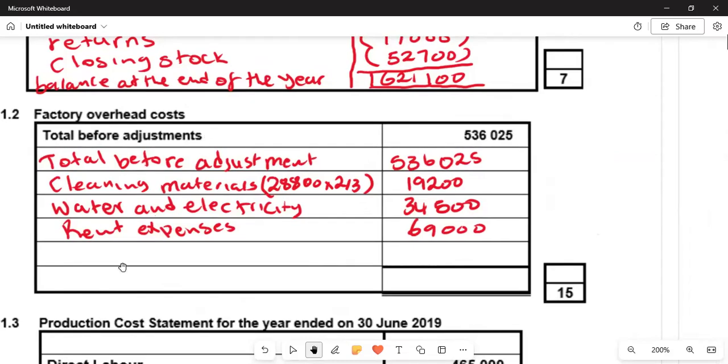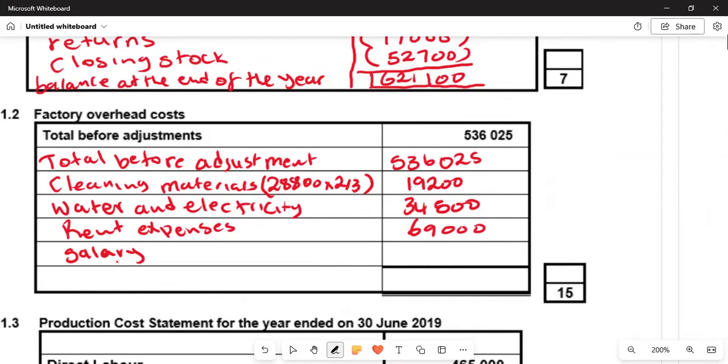Here we are to calculate our wages, where we are to calculate the salary of a factory foreman.